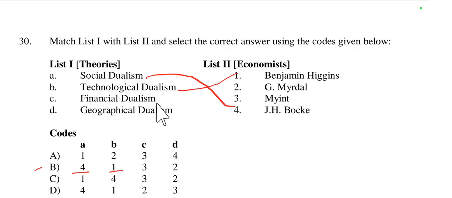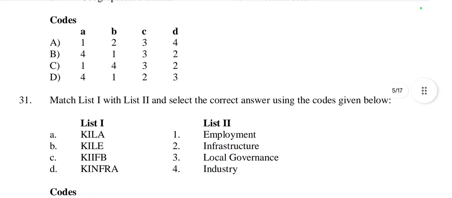Then financial dualism, H. Myint. And geographical dualism, Gunnar Myrdal. So option B is right here: social dualism, J.H. Boeke; technological dualism, Benjamin Higgins; financial dualism, Myint; and geographical dualism, Gunnar Myrdal.